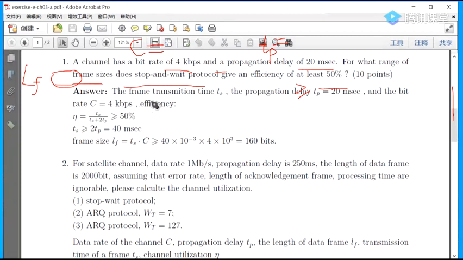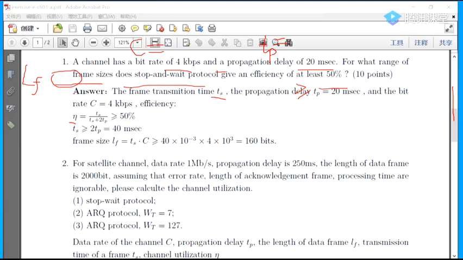The frame transmitting time is denoted by TS. The propagation delay TP is 20 milliseconds, and the bit rate is 4 kbps. Then the efficiency, denoted by eta, is TS divided by TS plus 2TP.